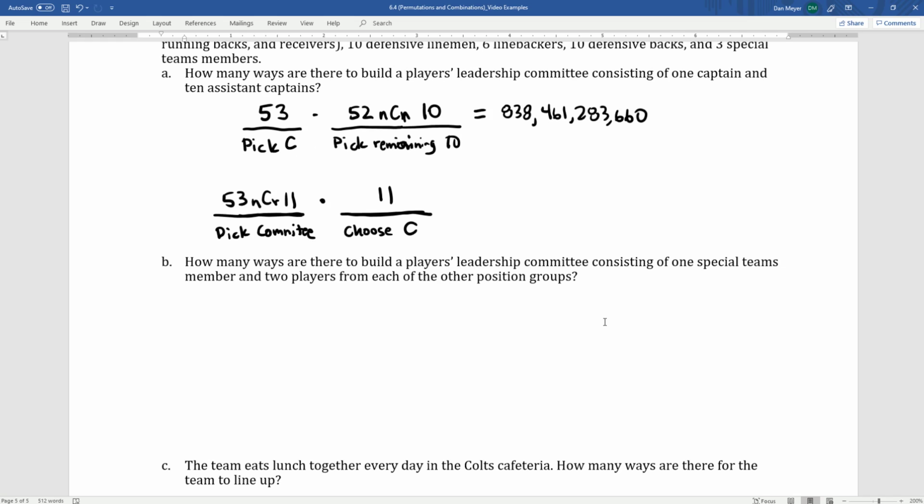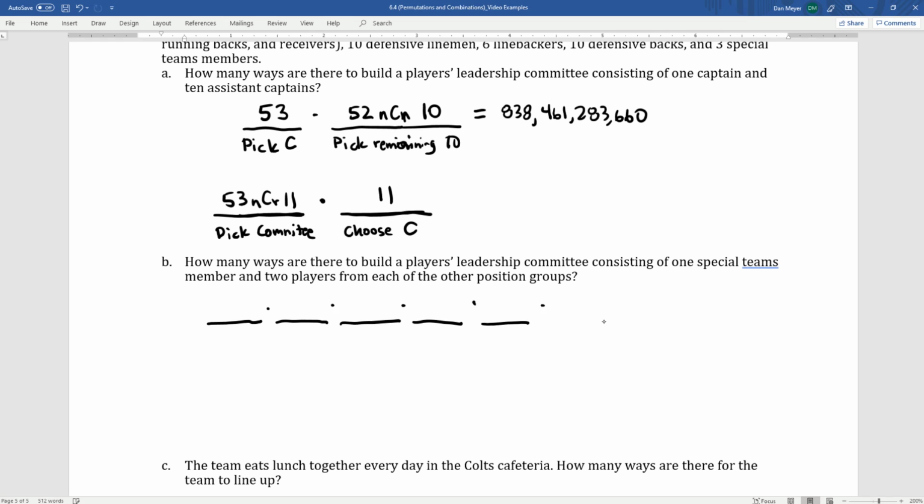All right. This is basically combinations by group. We have 6 groups, and so there's going to be six stages in our multiplication principle. And the order in which we do these doesn't really matter.